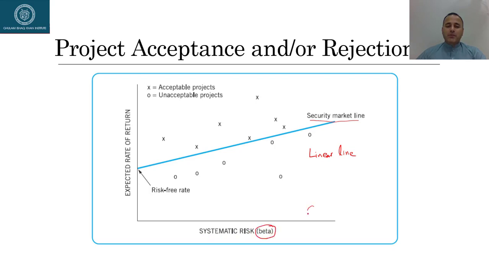So it's a linear line, and it tells you the relationship between systematic risk, which is captured by beta in CAPM, and the expected return. Beta tells you the systematic risk of that particular company, and of course, with increased risk, you need a higher expected return to compensate for that risk.